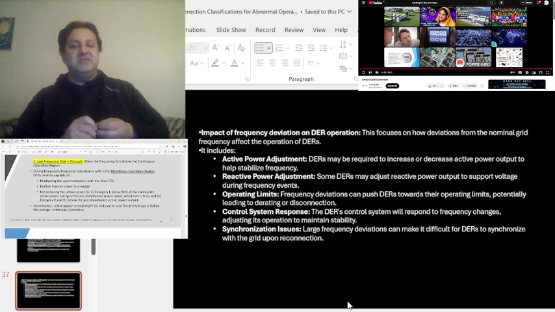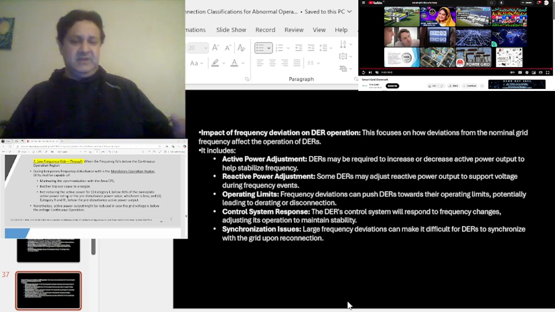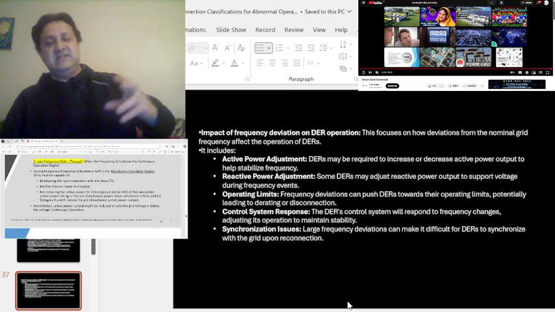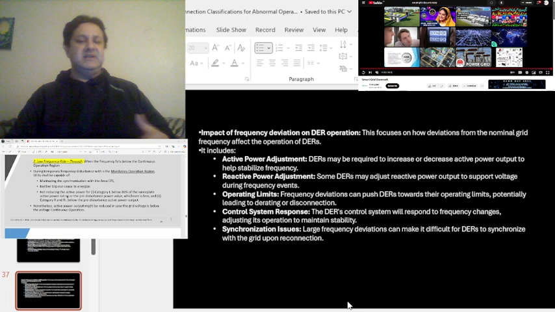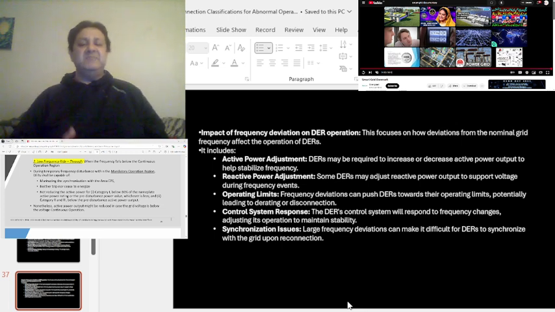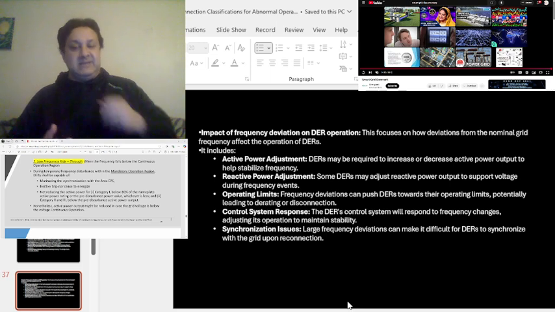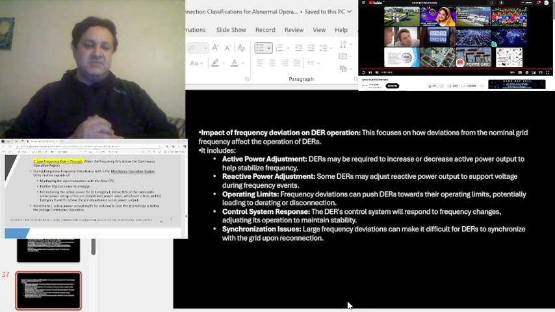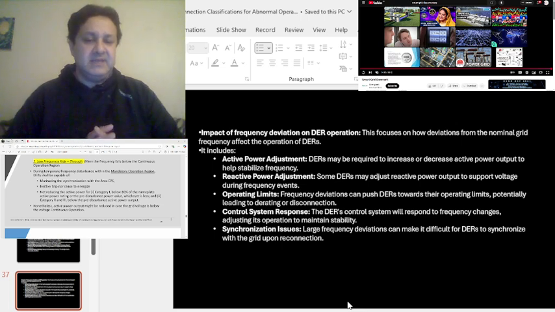If there is a change in the frequency, the control system will respond, adjusting its operation to maintain stability. Then synchronization issues: large frequency deviations can make it difficult for DERs to synchronize with the grid upon reconnection.